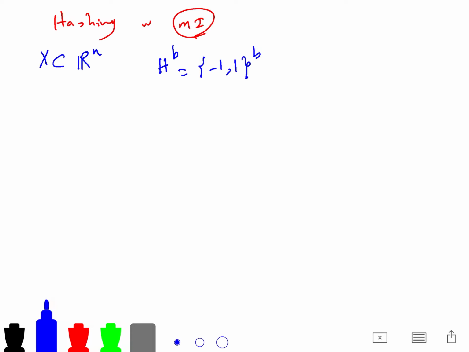The goal is finding an embedding phi from X to our beautiful B-dimensional Hamming space H^B, such that it induces a Hamming distance d_phi, which is the number of bit differences between embedded vectors. For example, if you know coding theory, error correcting codes, we want the distances between them to be big. But now we have a different concern.